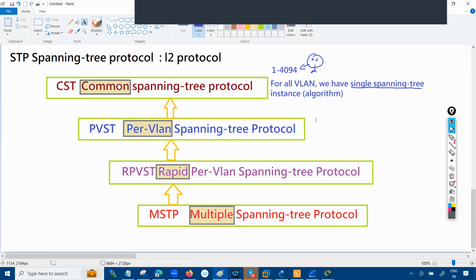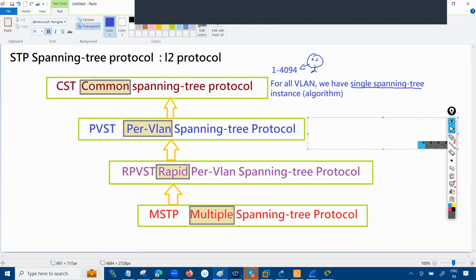Per VLAN itself is saying what? For every single VLAN, you have a specific spanning tree instance. Again, instance means algorithm. It means that for VLAN number 10, you have one instance.